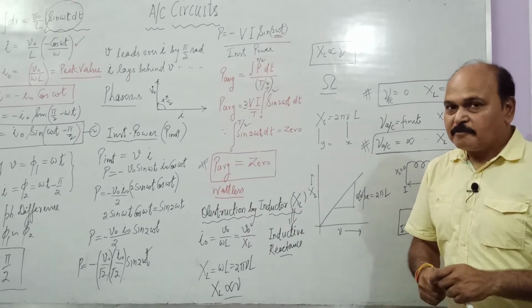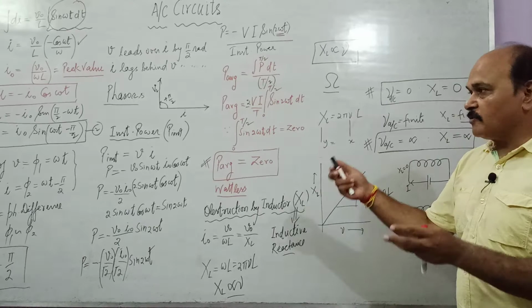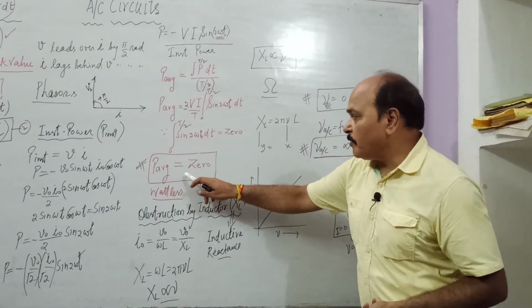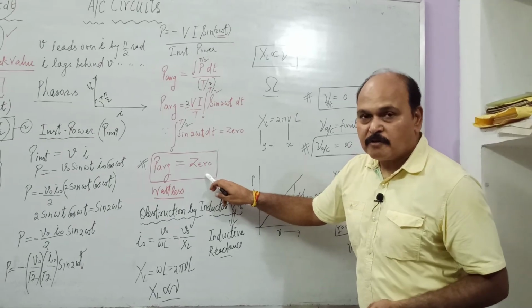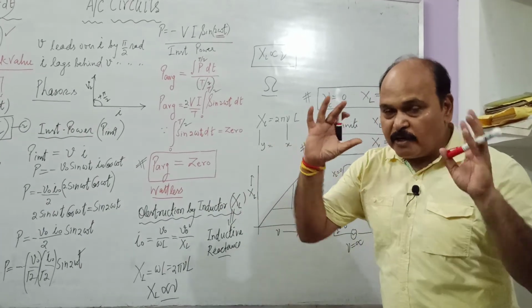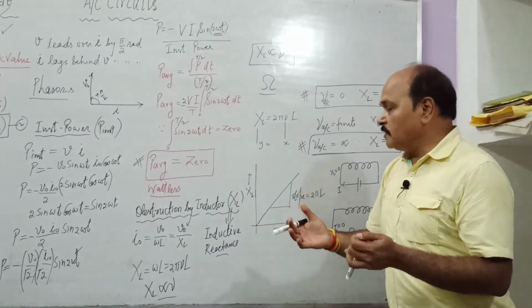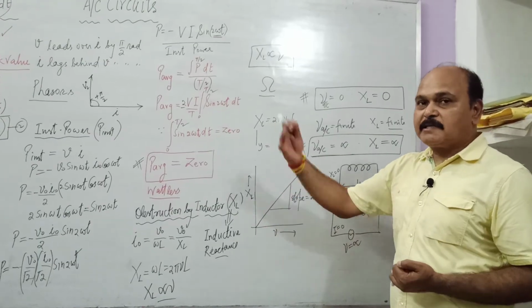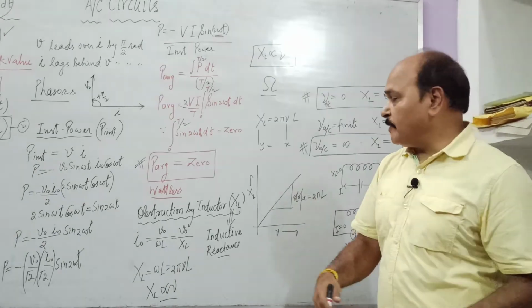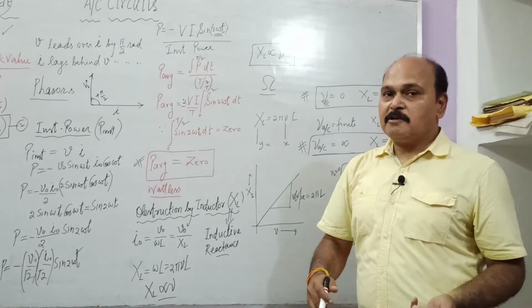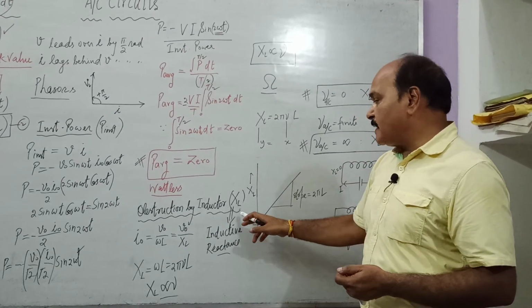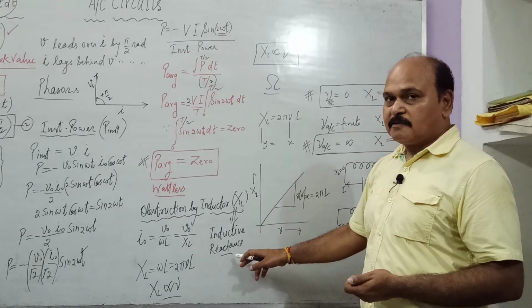So what is very, very important about this device across an alternating source is the fact that average value of power consumption is 0. If we want to regulate alternating current, we need to introduce XL. By doubling XL, we can halve the current. By tripling XL, we can make the current one third. So we can vary current by varying XL, inductive reactance.